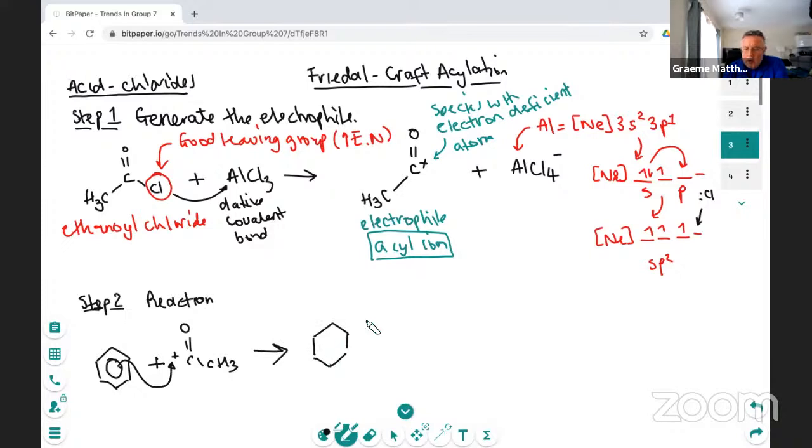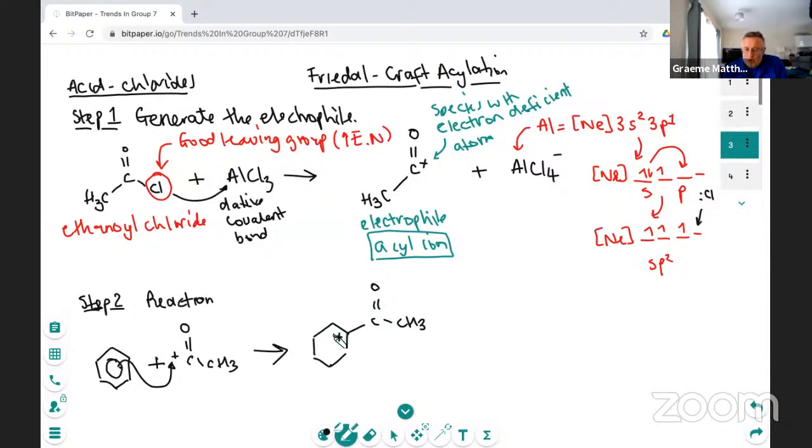All right, now I'll draw it like this to begin with. Because the two electrons left and joined a bond between the ring and the carbon, what's left is a positive charge right where you've stuck on the electrophile, in this case, the acyl ion.